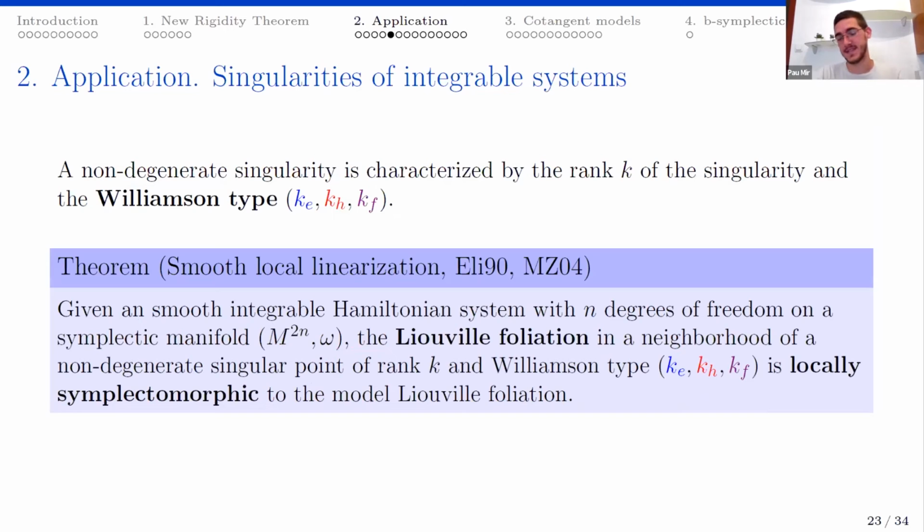Then the next step in the classification of integrable systems was to see that the Williamson type of a point on the singularity not only characterizes the singular point, but also the singular fiber.